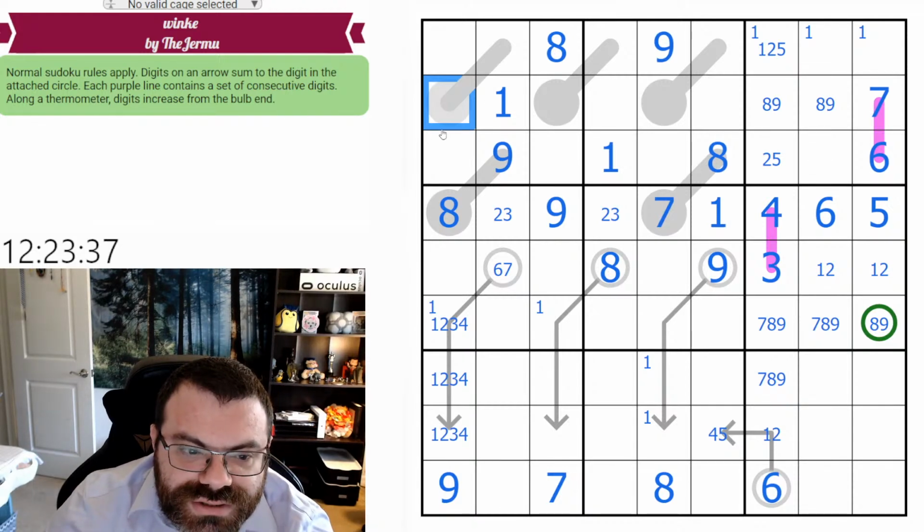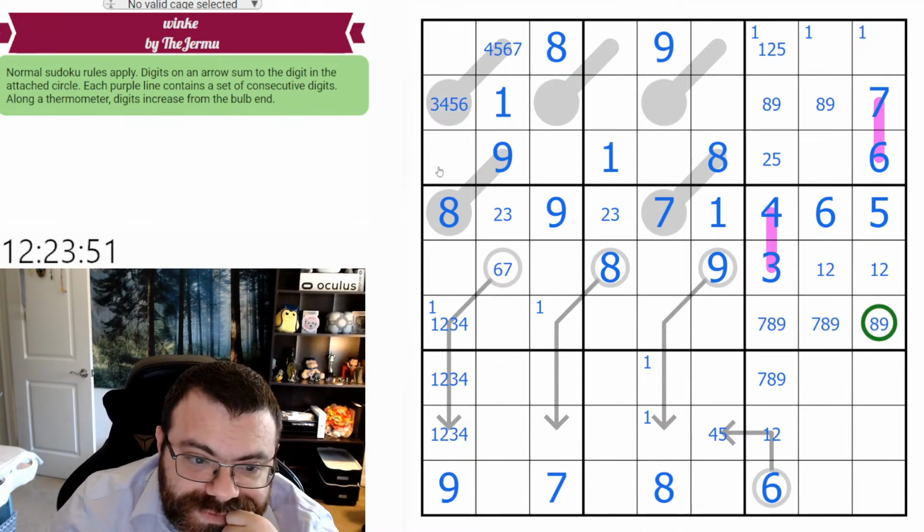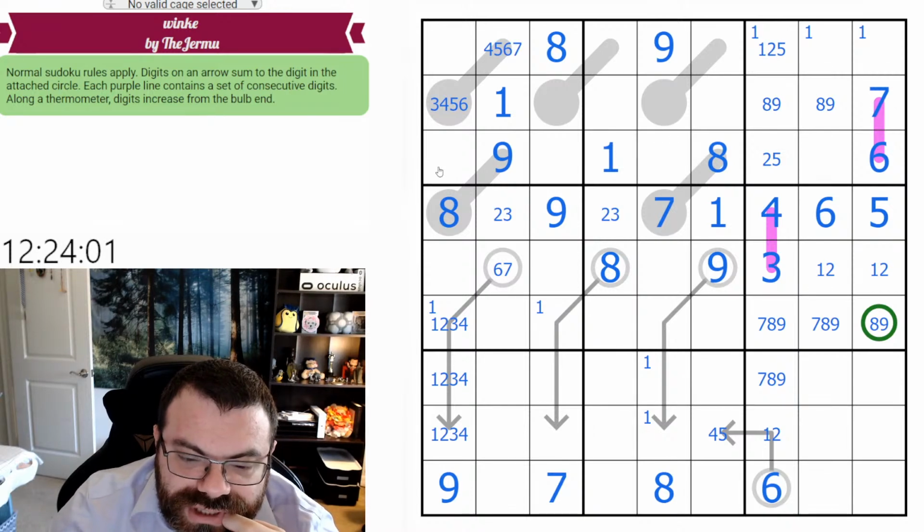So this can't be 1 or 2, because there's a 2 here as well. So this would be 3, 4, 4, 5, 5, 6, 6, 7, and that's it. I'm not sure if that's helpful, but... One in row 9.